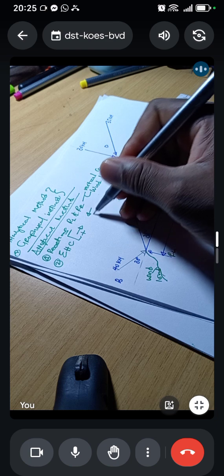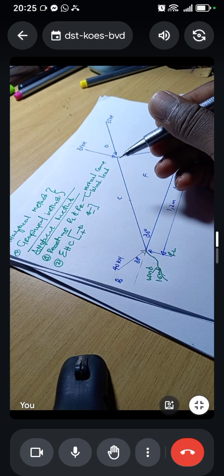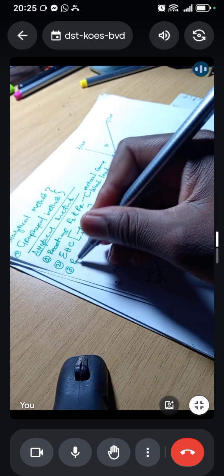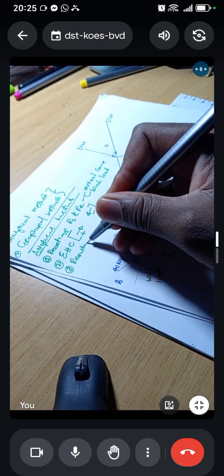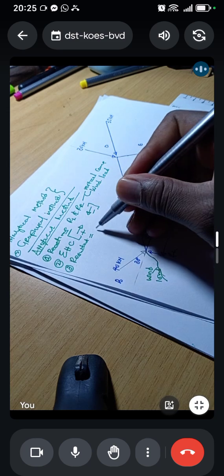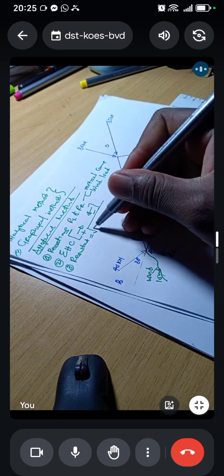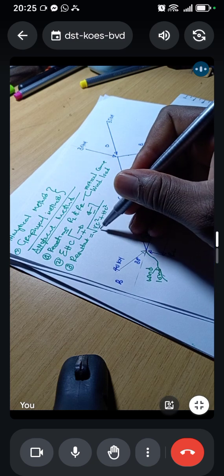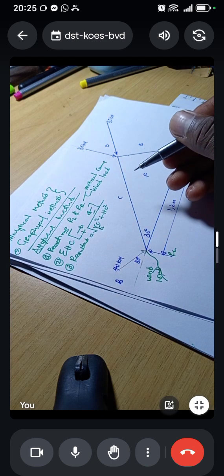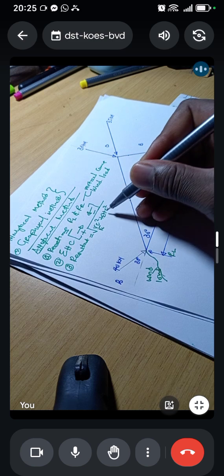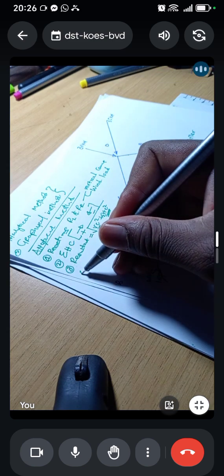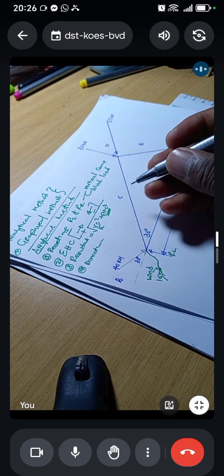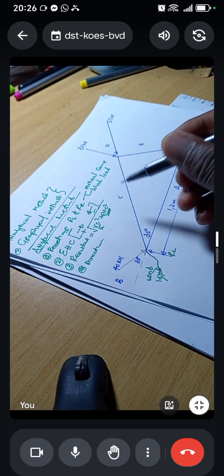Then after that, you find the resultant. The resultant is like the theorem of Pythagoras, the square root of VC squared plus HC squared. What is VC? It is the vertical component, which is RL again. Here you will find the sum of that. And then after that, you find the direction. This direction is tan theta equals VC over HC.